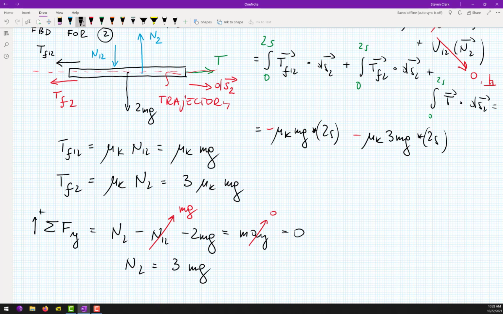And the third integral will be with plus, because T points in the same way as ds2. So that would be plus T times 2s. All right, 100% of the problem done, because we found these 5 guys. So this is our work done on body 2.